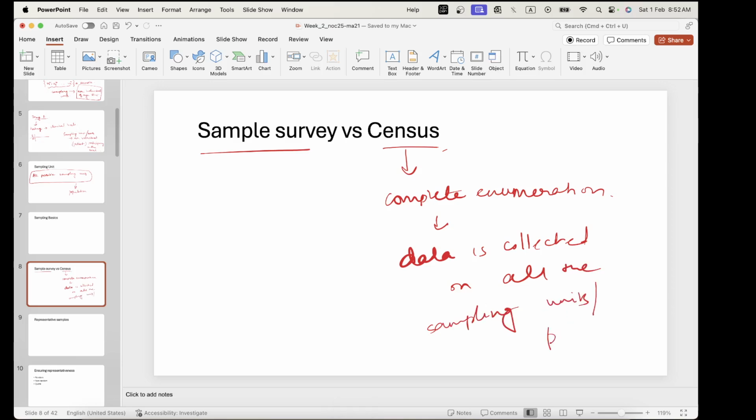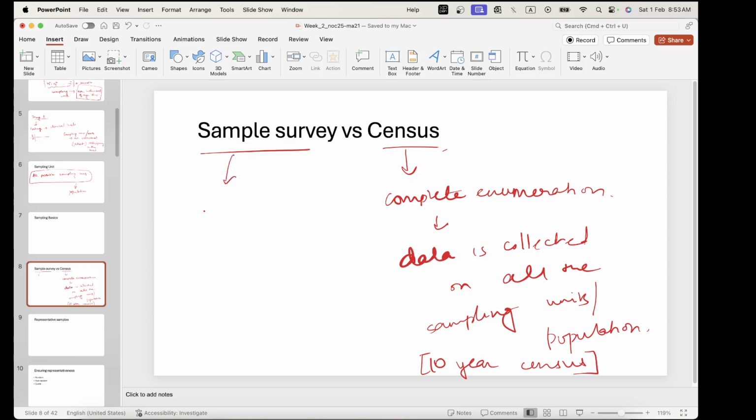Or in other sense, the population, like that 10-year census that we have in India, where each and every individual is documented and their data with respect to age, name, and everything is stored. Okay, so this is census, where we take information from the entire population.